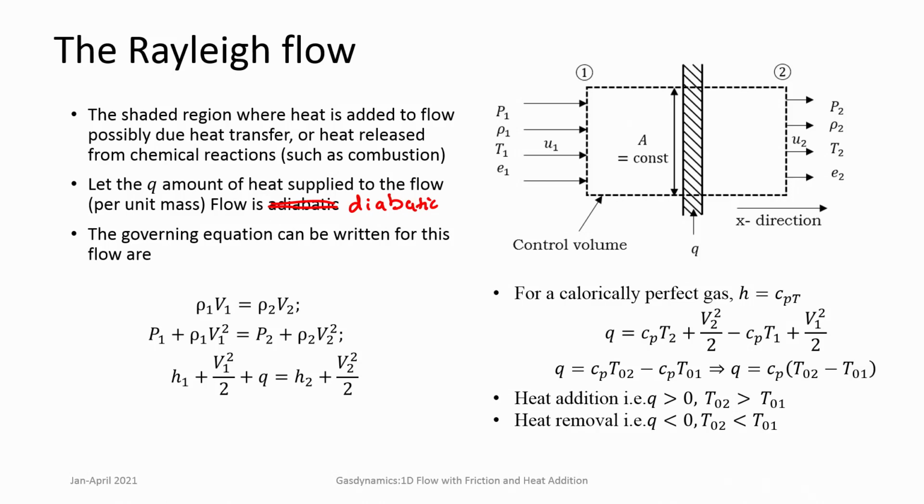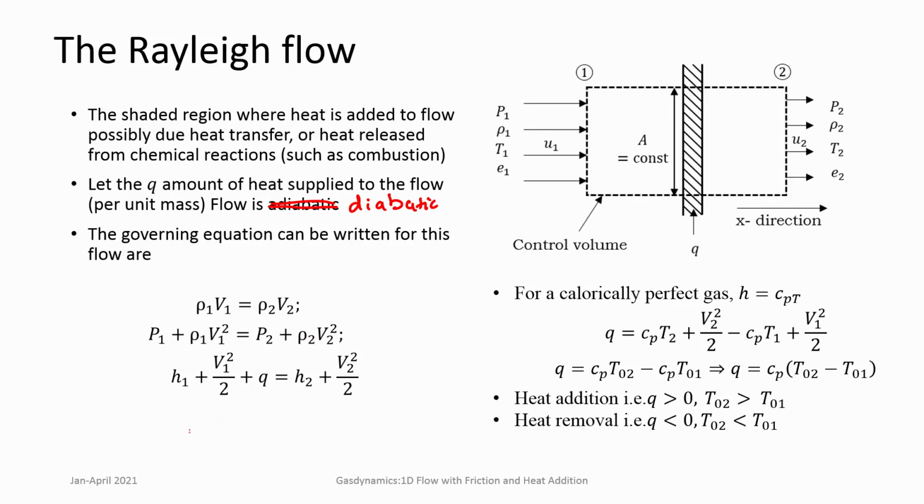The governing equations are: the mass flow rate through the system remains constant, so rho 1 V 1 is equal to rho 2 V 2, as the area is the same. Then P 1 plus rho 1 V 1 square is equal to P 2 plus rho 2 V 2 square. Here we are considering frictionless flow, so the frictional factors do not come into the picture, that means momentum is conserved.